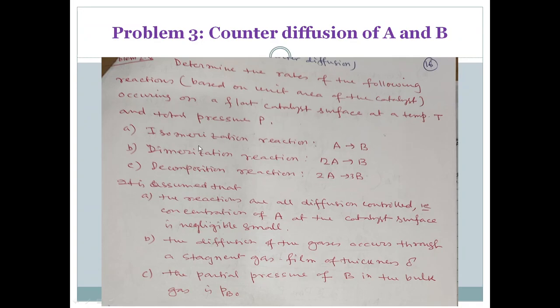Case 1 is an isomerization reaction, A to B, that means it is equimolar counter diffusion.